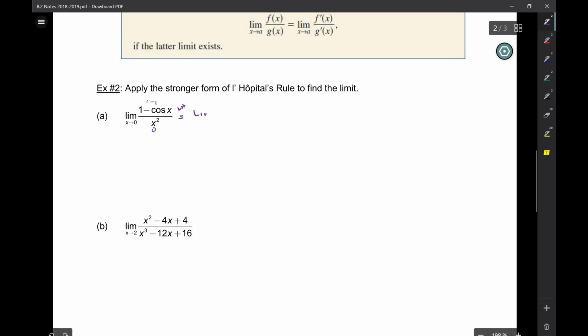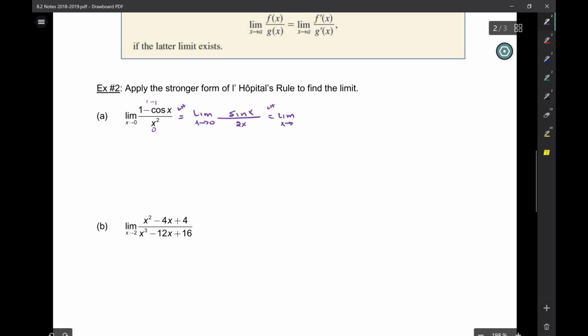So here it's the limit as x approaches 0. And when I take a derivative of the top, what do I get? Sine x over 2x. So now I put in my 0 and I get 0 over 0. Oh my goodness. Well, even better. I actually prefer it that way because I get to do L'Hopital's rule one more time. So L'Hopital's rule again.